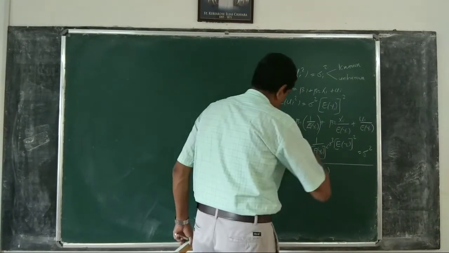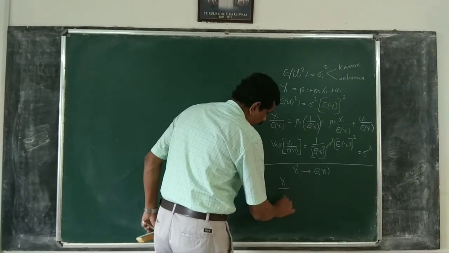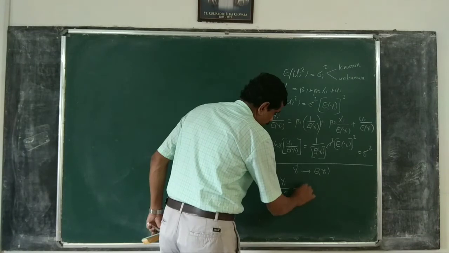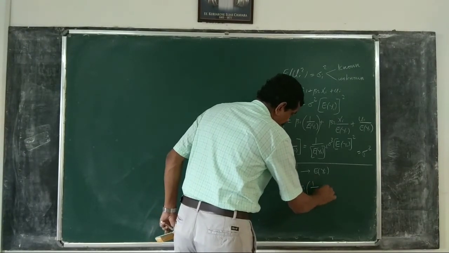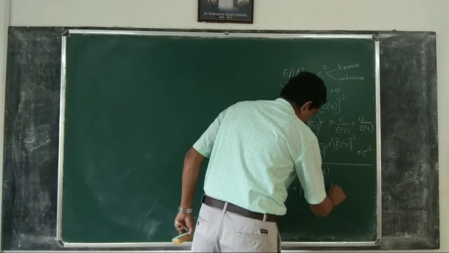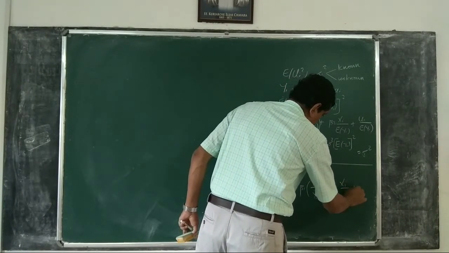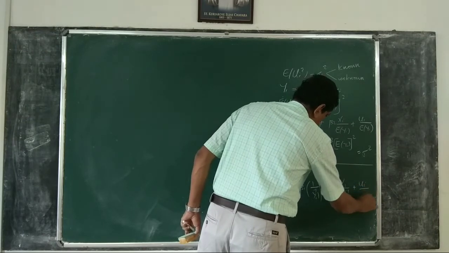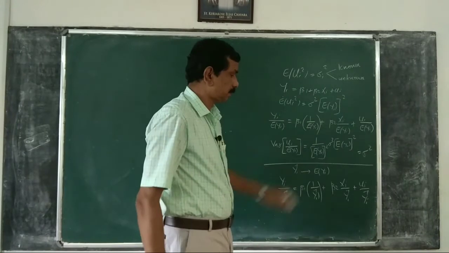To implement this, we divide yi by y hat i, which gives beta 1 into 1 by y hat i plus beta 2 xi by y hat i plus ui by y hat i. This is the procedure which we use.